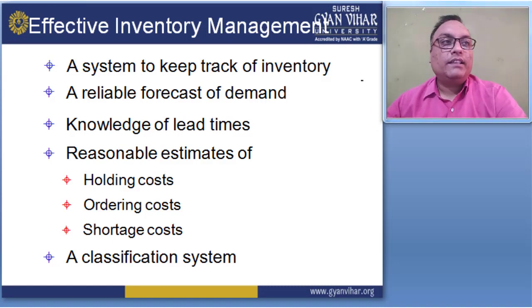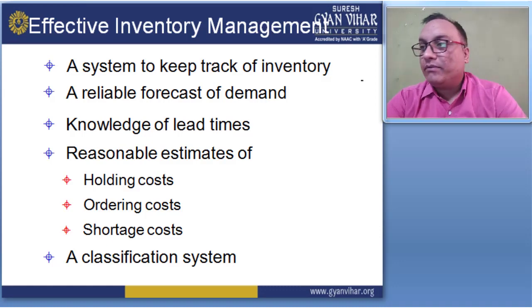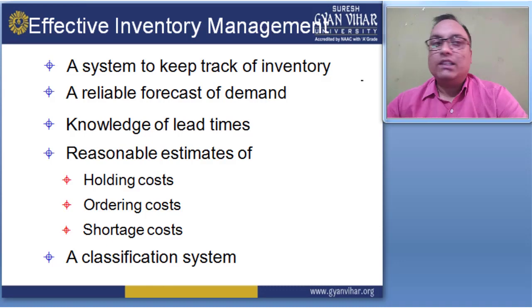and here this slide shows the effective inventory management. For effective inventory management, some points need to be resolved for this type of strategy, and these points are a system to keep track of inventory, a reliable forecast of demand, knowledge of lead times, and reasonable estimates of cost.